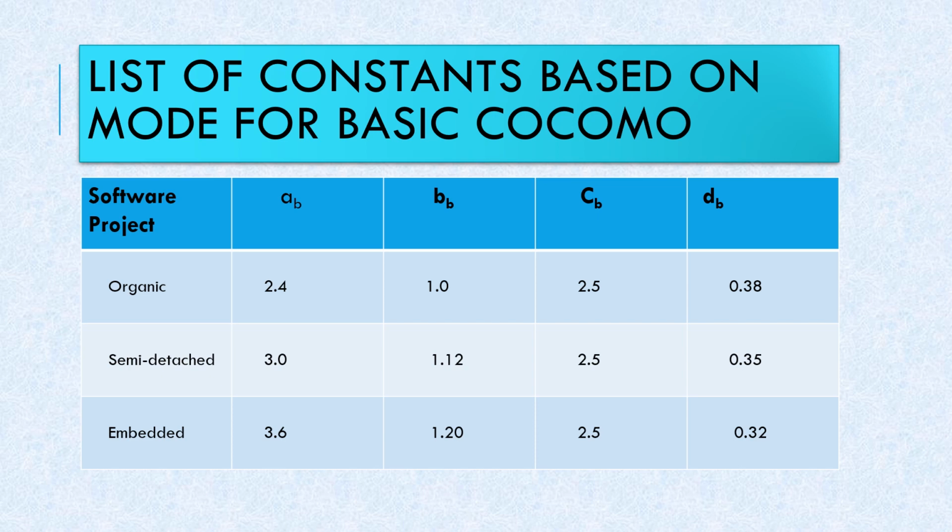If your project type is semi-detached, you can use these four values: 3.0, 1.12, 2.5, 0.35. And if your project type is embedded, you can use the four values A, B, C, D, which are 3.6, 1.20, 2.5, 0.32.